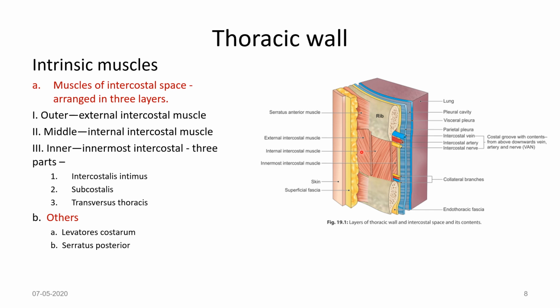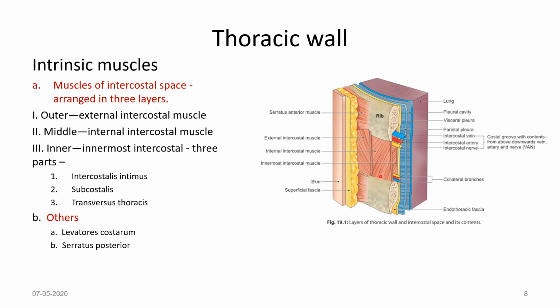Now focus on the intrinsic muscles in the intercostal space. These are arranged in 3 layers. The outer one is the external intercostal muscle. Observe the direction of the fibers, which are running downwards, forwards and medially.